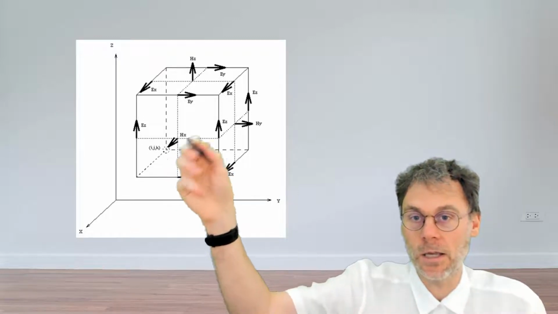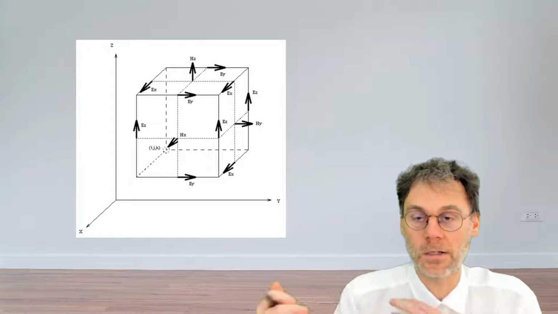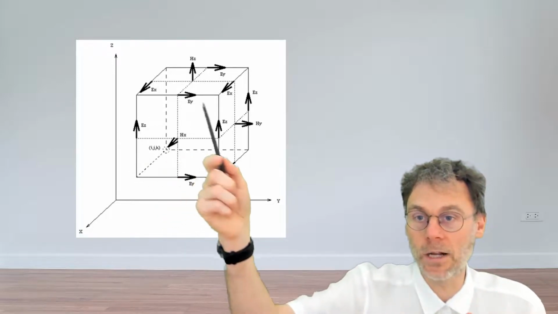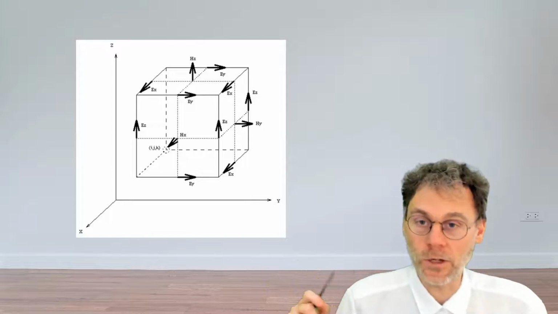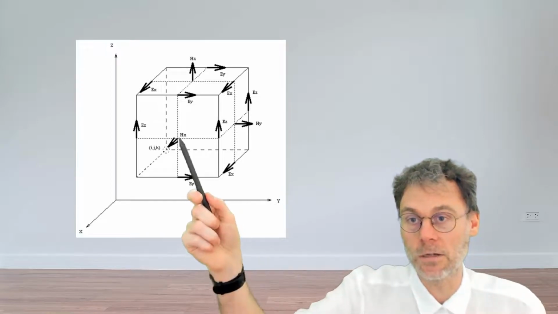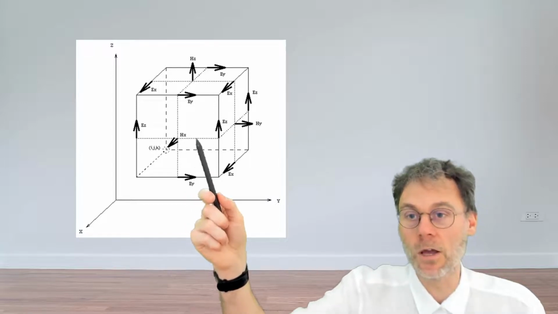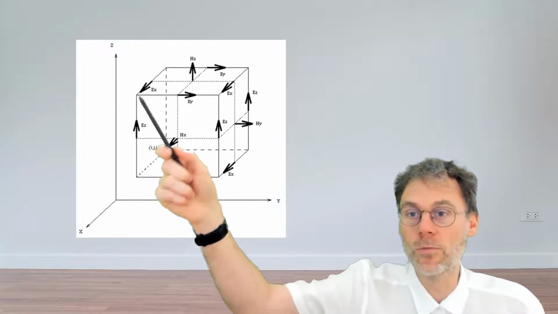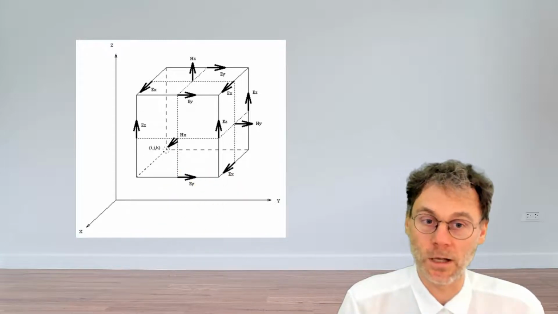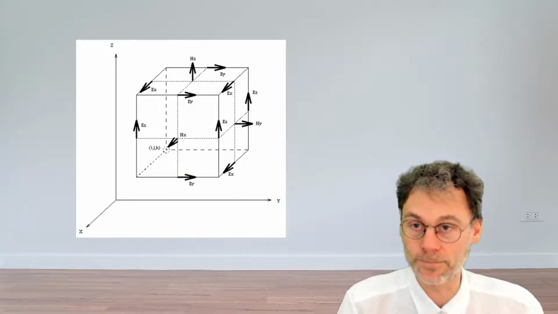Why are the E fields and the H fields staggered? Well, the reason is that if you arrange them in this particular way, then you can naturally express the curl equations of Maxwell, because here you see a magnetic field which is perpendicular to a loop in the electric field. So that's a natural way to express Maxwell's curl equations.